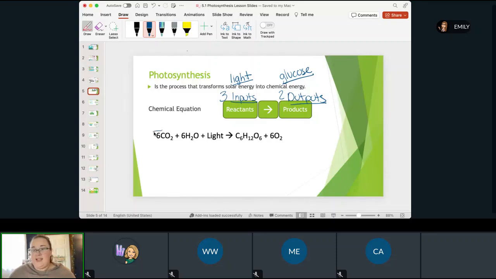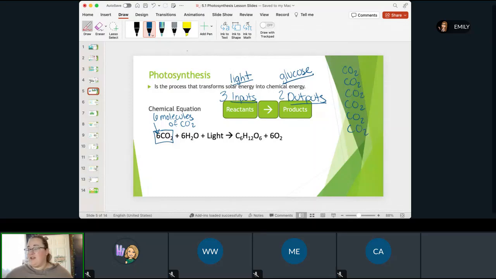And so when we get down here, let's break this guy down. So when you see 6 CO2, okay, this 6 tells me that I have 6 molecules of CO2. Okay, so that would be like saying I have CO2, CO2, CO2, CO2, CO2, and CO2.